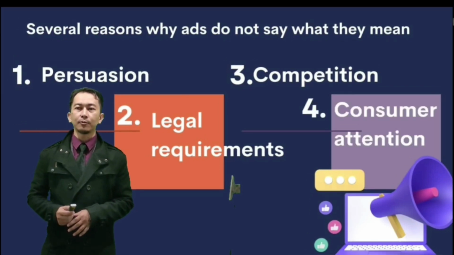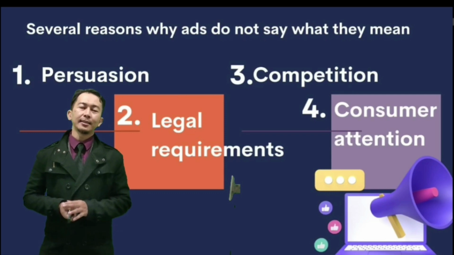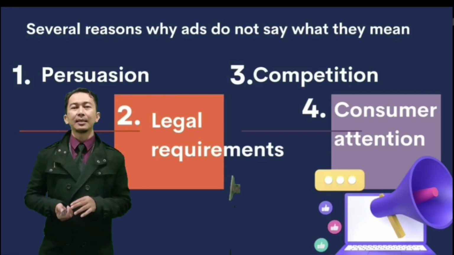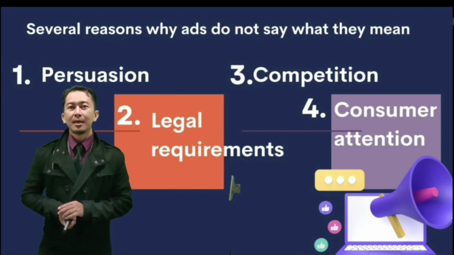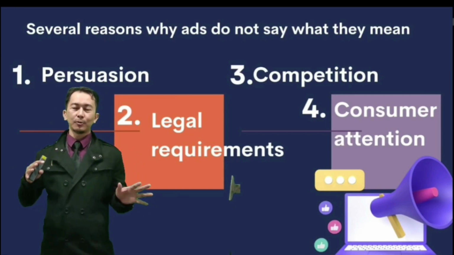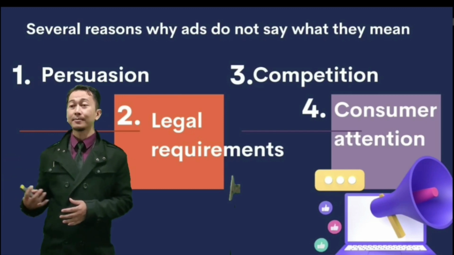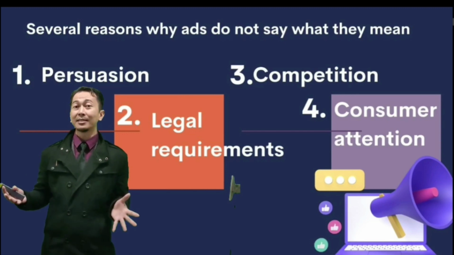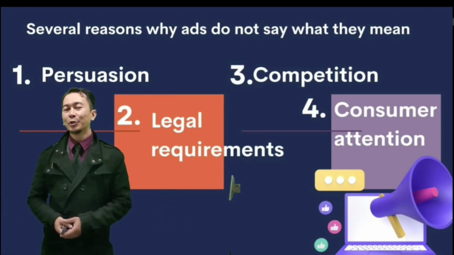And the last would be consumer attention. This is the last element in why ads do not say what they mean, because they need the consumer's attention. This consumer attention is also similar to persuasion, how to persuade the consumers, why we need to have good attention from listeners, because there are many ads in this world.